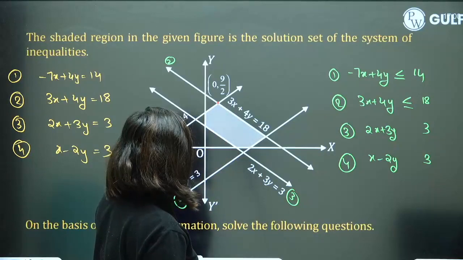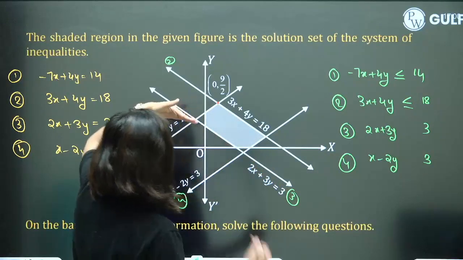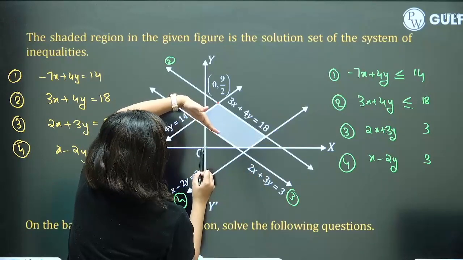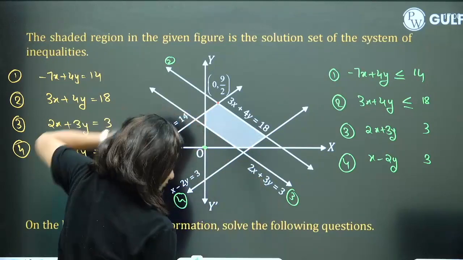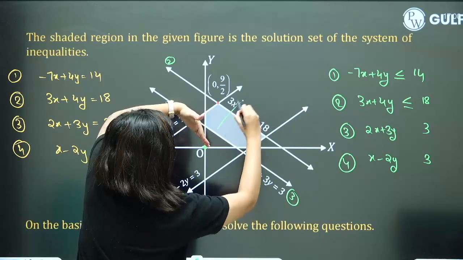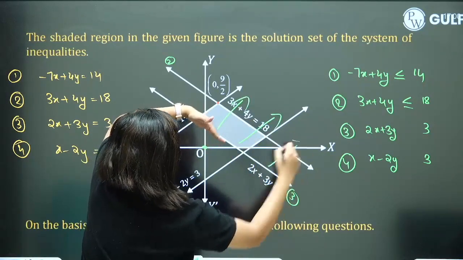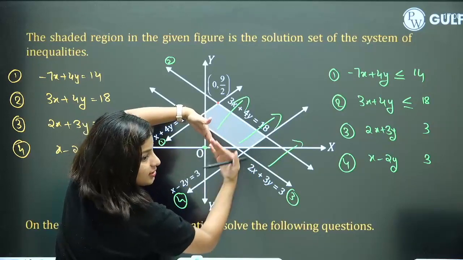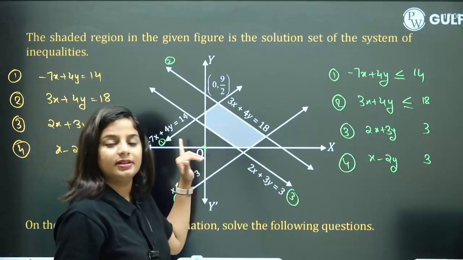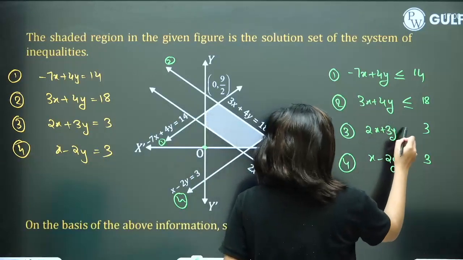Third line. Where is the third line? This is the third line. For the third line, where is the solution? Towards the origin or away from the origin? Guys, this is your origin. For the third line, the solution is away from the origin. Can you see? It's not towards the origin, but away. If it's away from the origin, 0 is not satisfying this inequality.